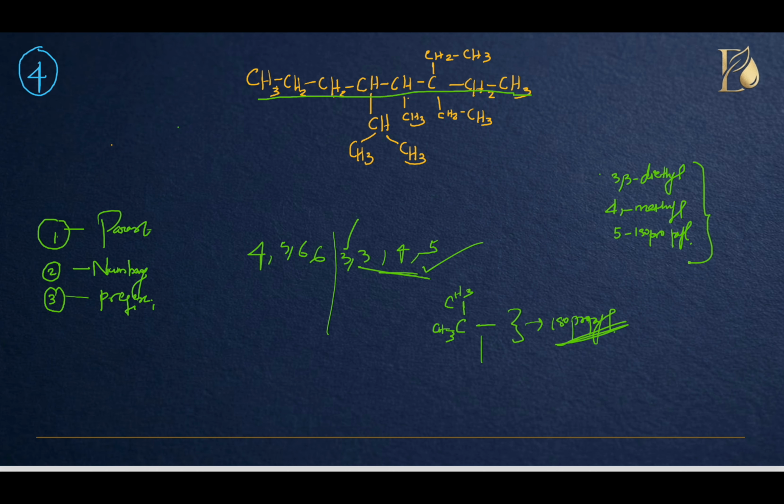What is the next step? We have to arrange them in alphabetical order. While we consider alphabetical order, these terms di and tri we should not consider. So here what is the alphabet?